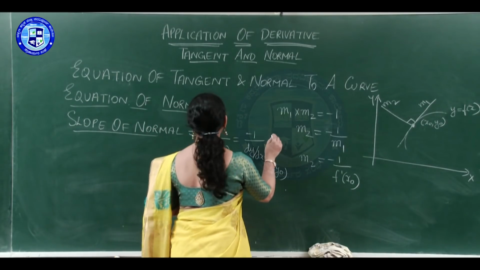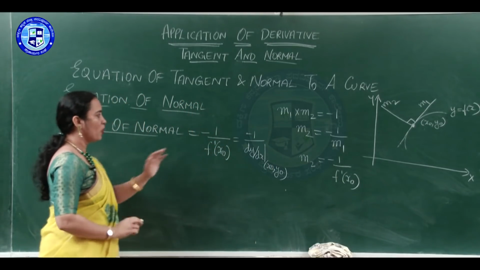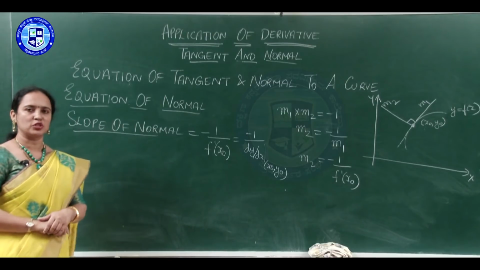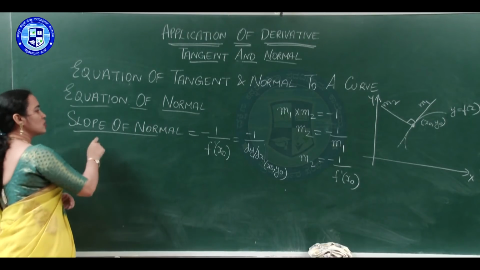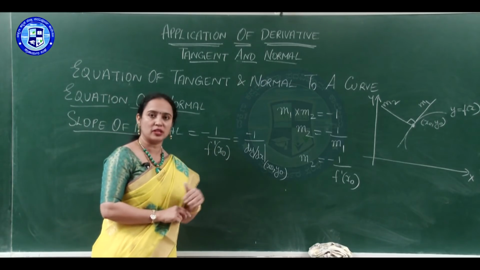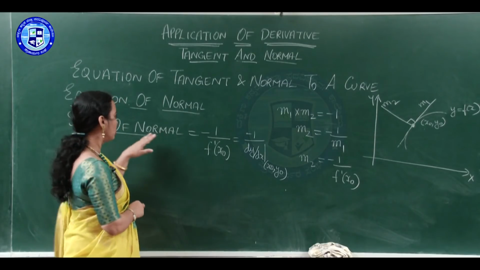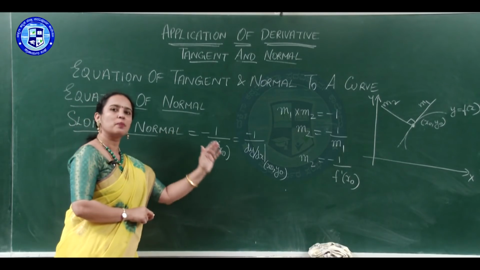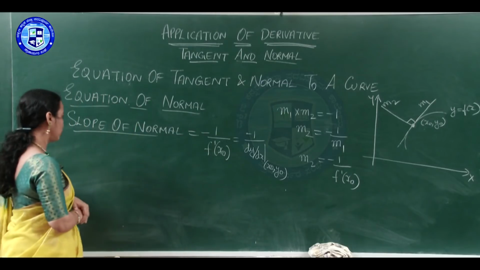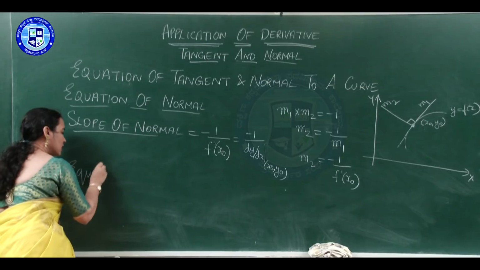Let me denote this as minus 1 by m, or minus 1 by f dash of x naught. So the slope of the normal is minus 1 by f dash of x naught. The slope of the tangent was f dash of x naught. The slope of the normal is minus 1 by f dash of x naught. What will be the equation of the normal in that case?